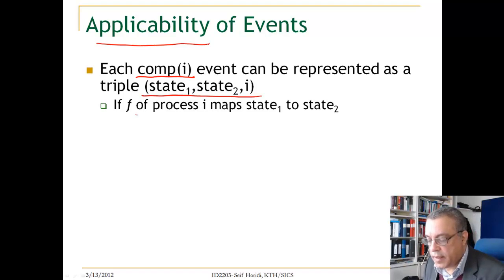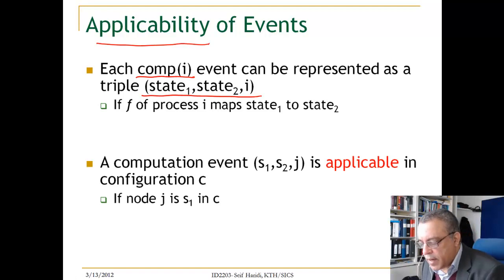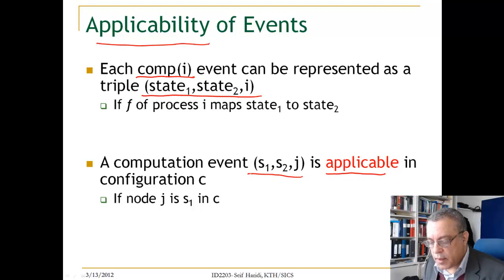And we say that this is a computation event if f of process I maps state S1 to S2. Now, just a very intuitive notion of when an event is applicable. We say a computation event is applicable in a certain configuration if the node happens to be in state S1 in that configuration.